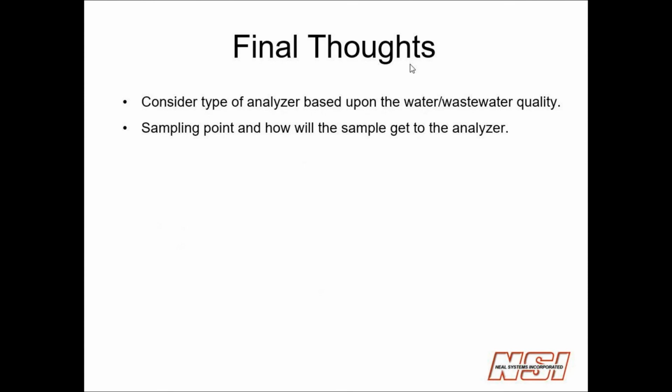Think about also the distance, because if you're going to use this analyzer for control purposes, you want to have that sample location in the right spot to get good feedback for your control system. Using these analyzers for control is pretty common, but you have to really give it some thought, and we can help you with that. Just let us know if you are interested in that.